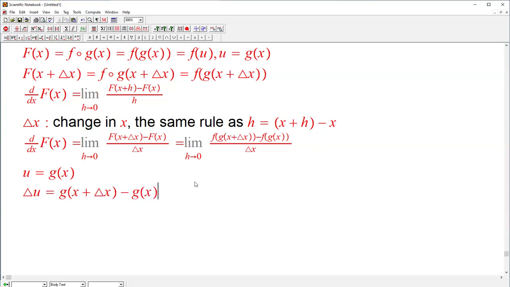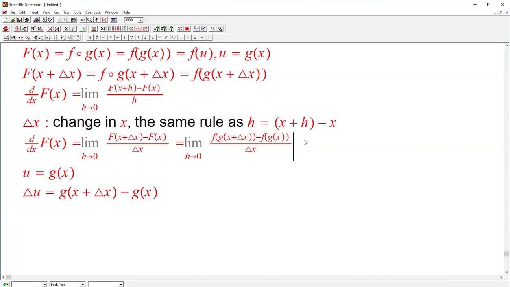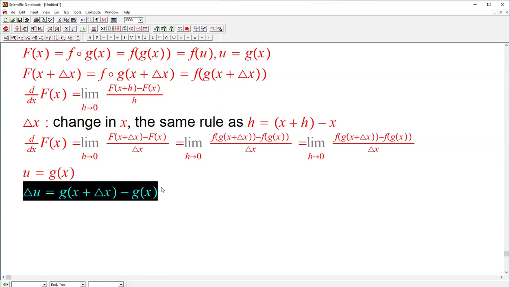Okay. Now, to simplify this, by this time, with this expression, we can do further substitution. The further substitution is that g of x plus delta x is equal to, if we want to express this piece, we can add g of x in this identity equation.